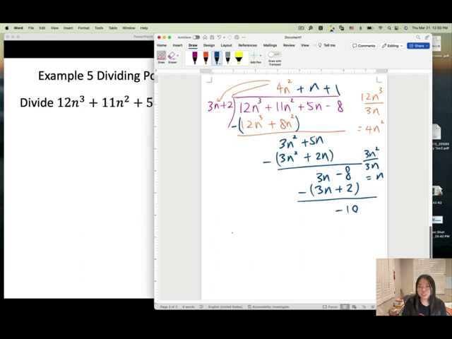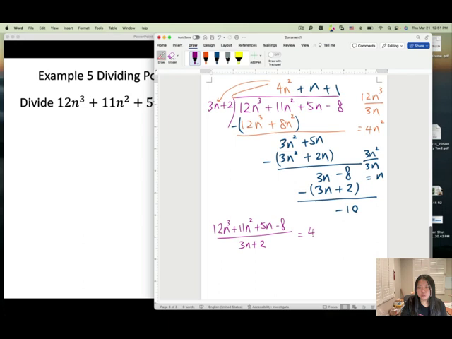Okay, so when you write down the answer, that will be 12n to the power 3 plus 11n squared plus 5n minus 8 over 3n plus 2.